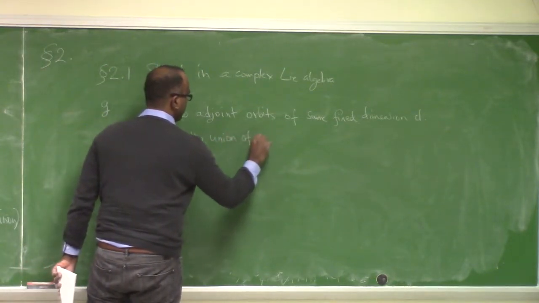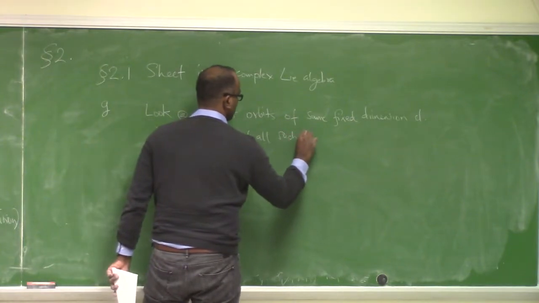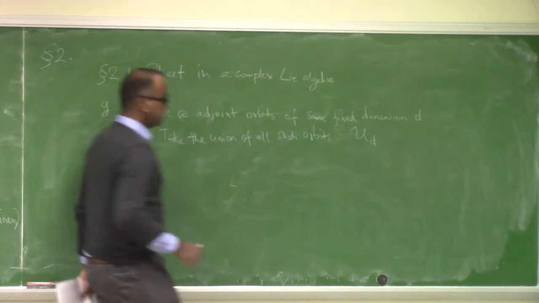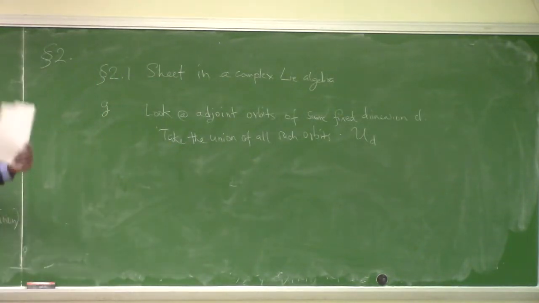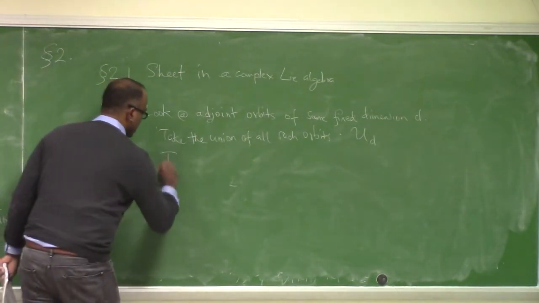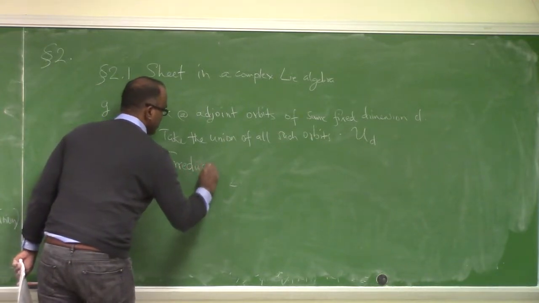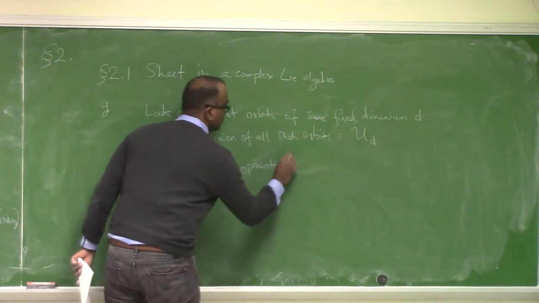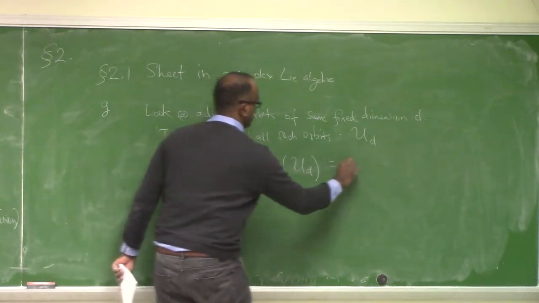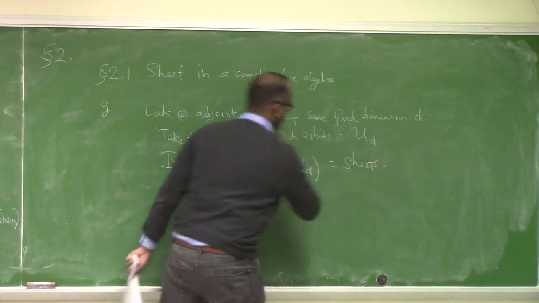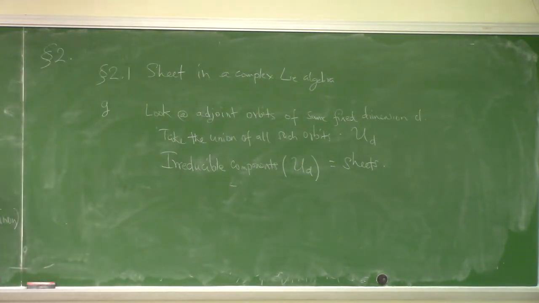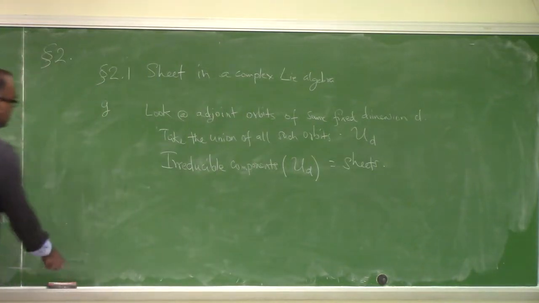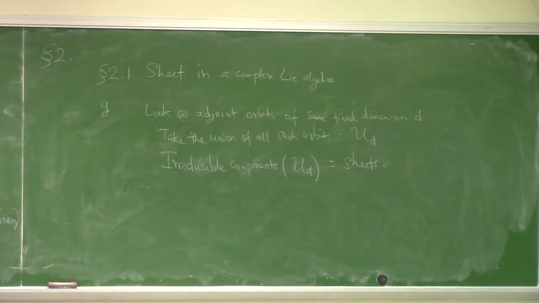Take the union of all such orbits. Let me call this space U of D. So in general, that's some complicated space. I take irreducible components of U of D. Those are what are called sheets. So it's a natural thing to study in structure theory of adjoint orbits and representation theory.